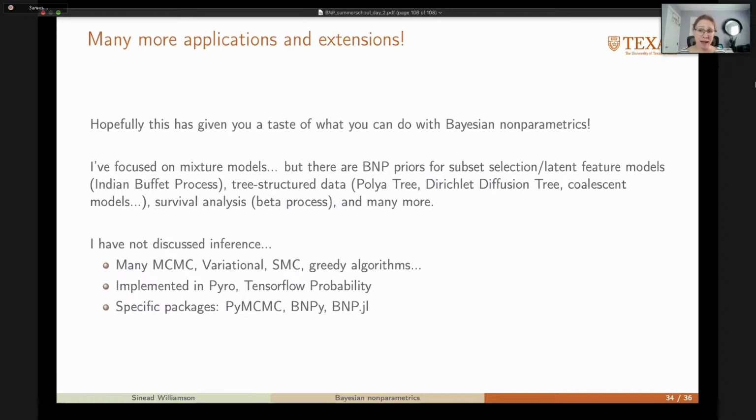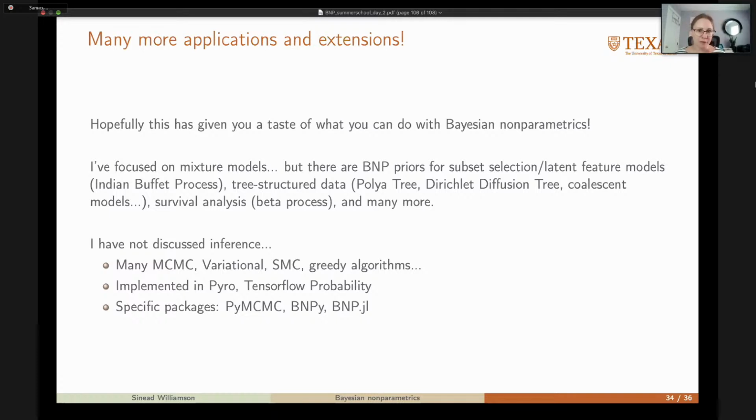But if you want to play with this, I would suggest starting off with one of the implementations that already exists. So if you use either PyTorch or TensorFlow, then there are implementations in the probabilistic versions of those, Pyro and TensorFlow Probability. So if you search Pyro Dirichlet process tutorial or TensorFlow Probability Dirichlet process tutorial, you'll be able to get things from that.